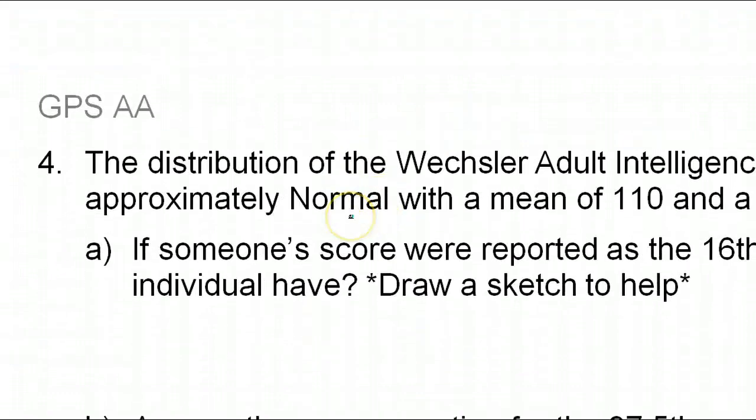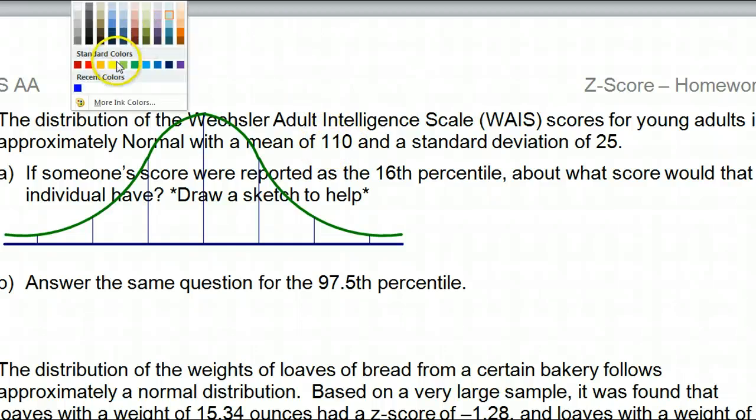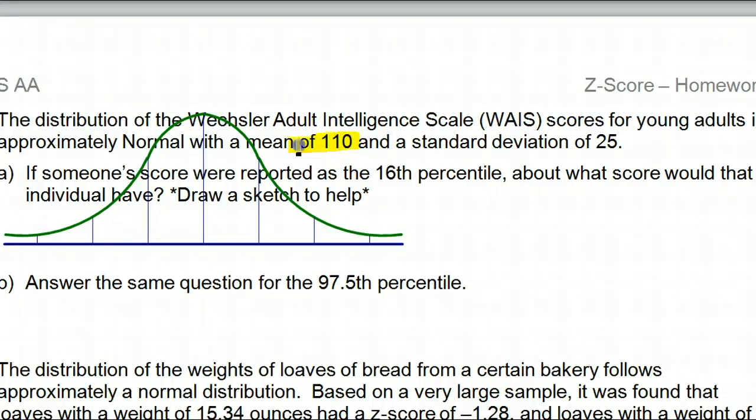All right, new problem. We're talking about the distribution of intelligence scale scores for young adults. We've got the mean right here, and we've got the standard deviation. Now, if someone's score was reported as being in the 16th percentile, what score would that individual have? Draw a sketch to help.